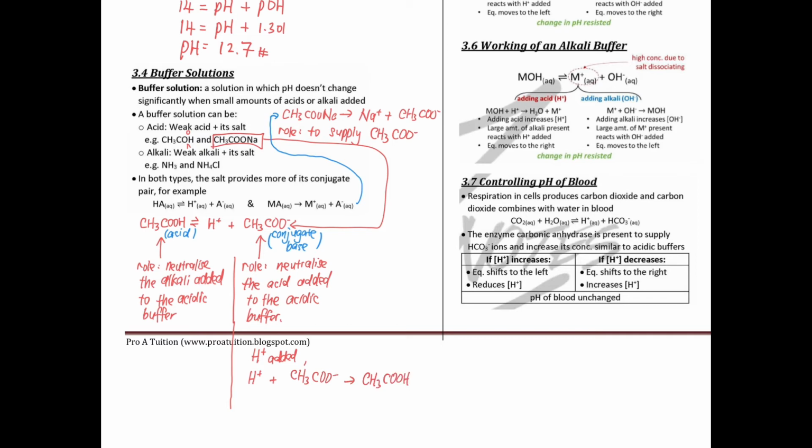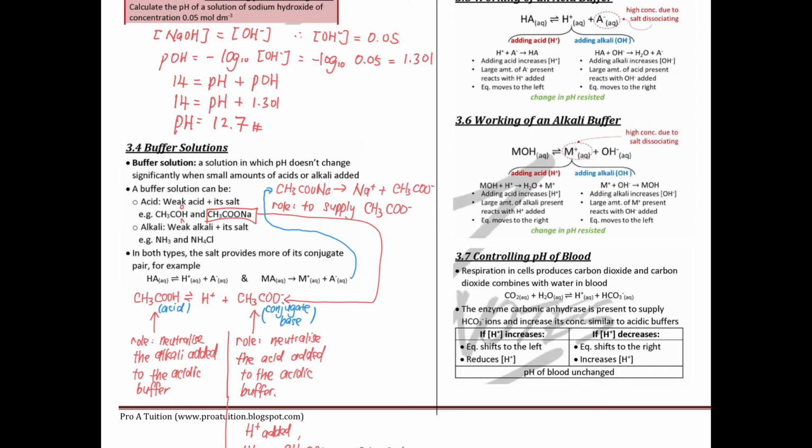You must remember this equation because they like to ask: write down the chemical equation when acid is added to the acidic buffer. Then you have to write this equation, and they give you 1 mark. Okay, so now let's move on.